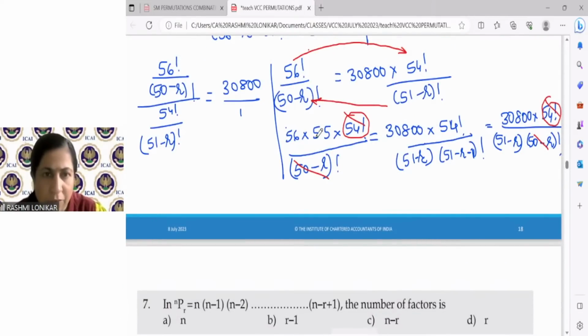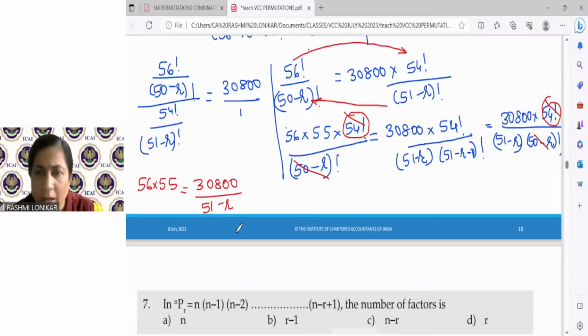From here, 56 into 55. This 54 factorial has cancelled and (50 minus r) factorial has also cancelled. So 56 into 55 is equal to 3800 upon (51 minus r). Okay. So I have this much. So what do I do? Now I have 51 minus r is equal to 3800 upon 56 into 55.